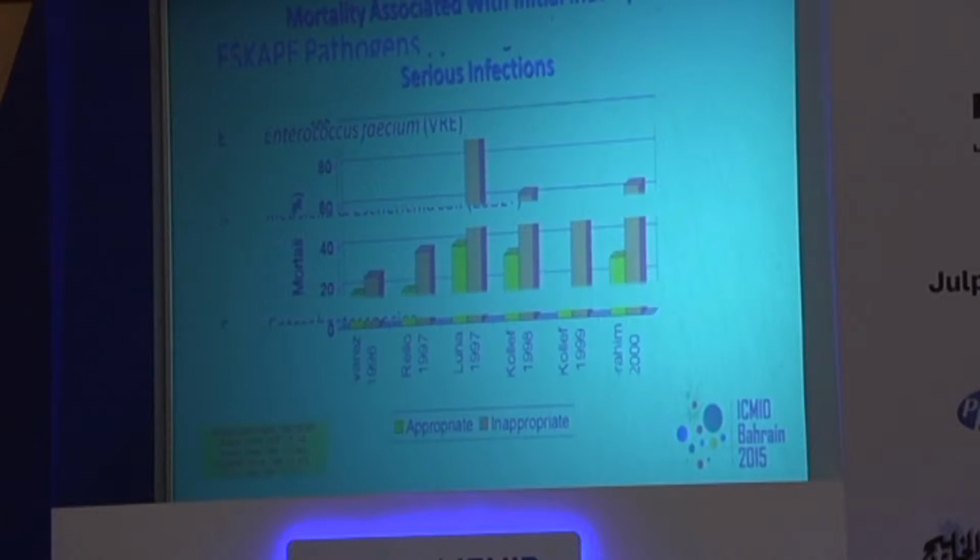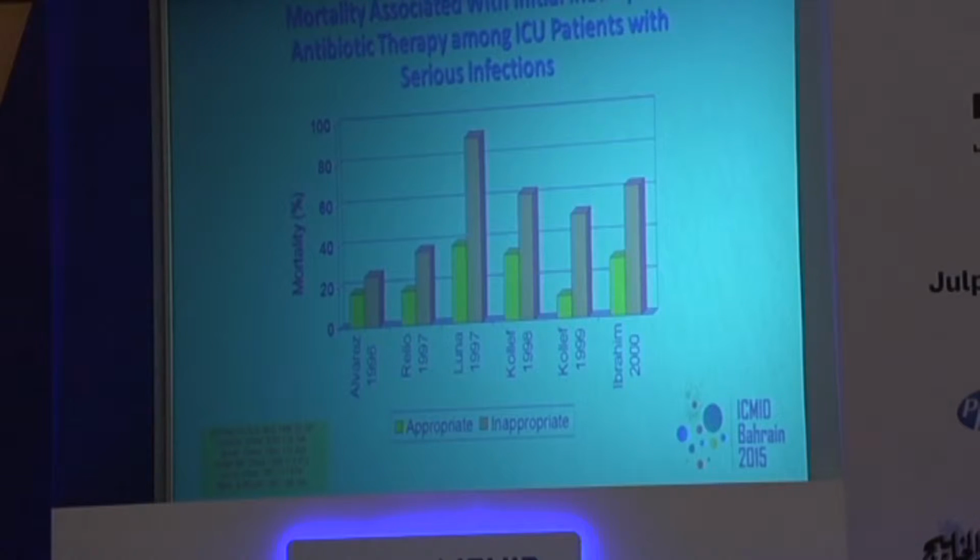Fact number two, mortality associated with initial inadequate antibiotic therapy among ICU patients with serious infections is significantly higher than when appropriate antibiotics were started. This has been shown over the years with different studies, different places, different timings, different designs, and so on.